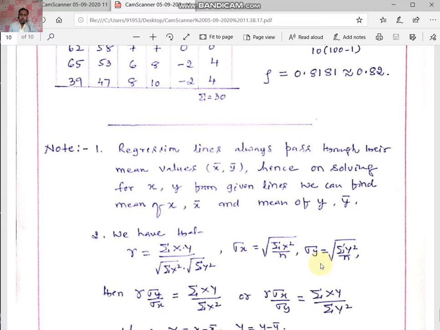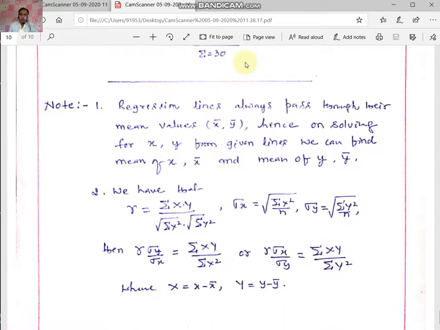And next, there are some note points here. Note 1: regression lines always pass through their mean values x bar, y bar. Hence, on solving for x and y from the given lines, we can find the mean of x called x bar and the mean of y called y bar.